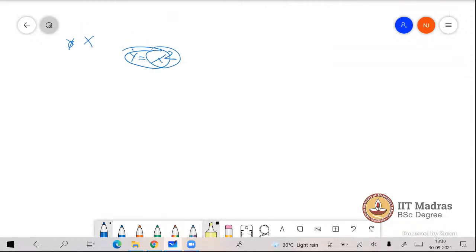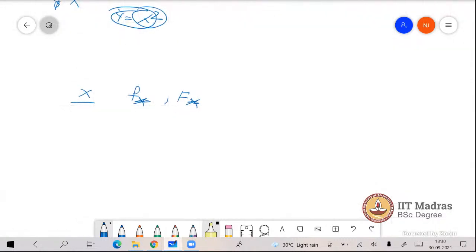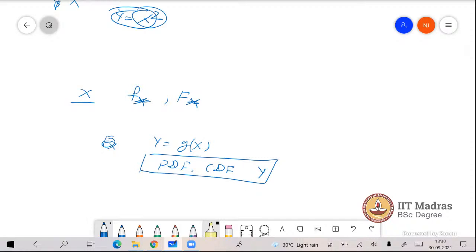We are given the CDF or the PDF of x. Let's say f of x is the PDF, or F of x is the CDF of x. And now we need to find the PDF and CDF of y, a function of x. How will you find this PDF and CDF of y? Anyone?